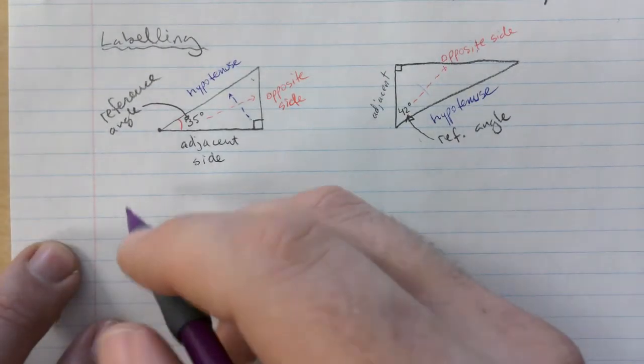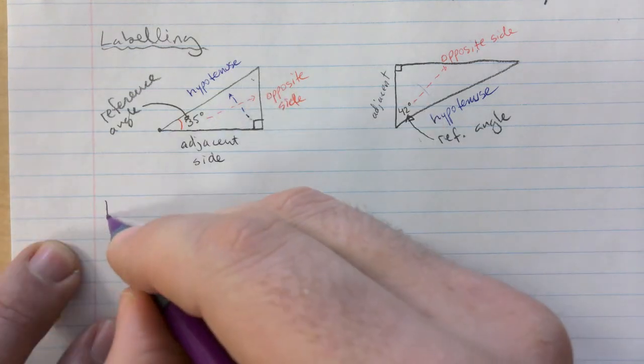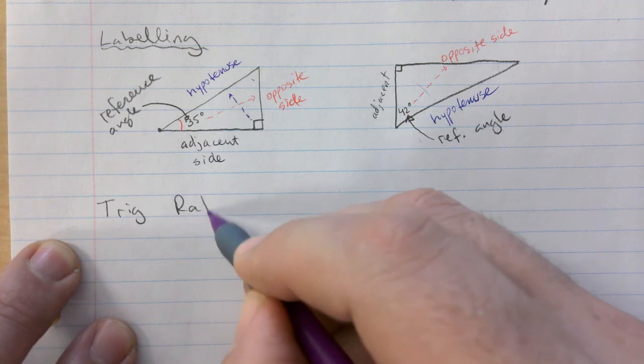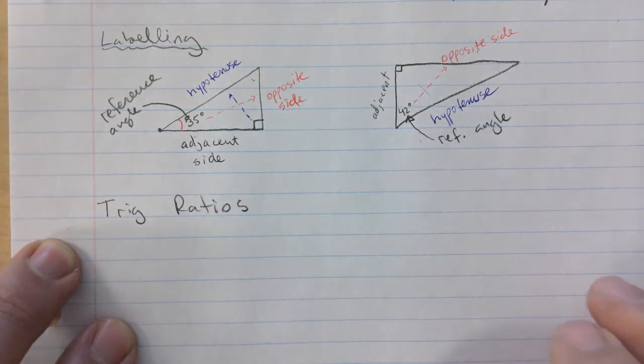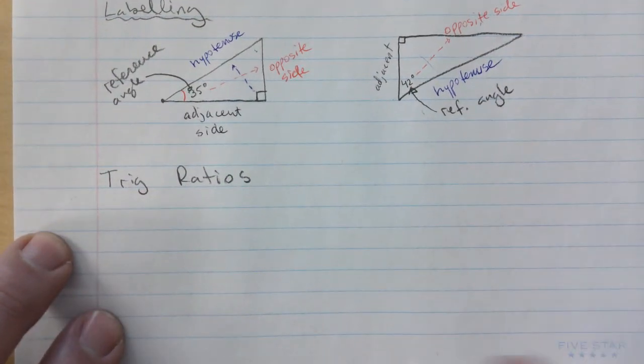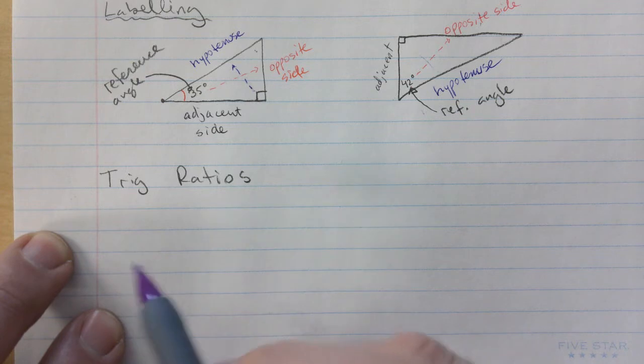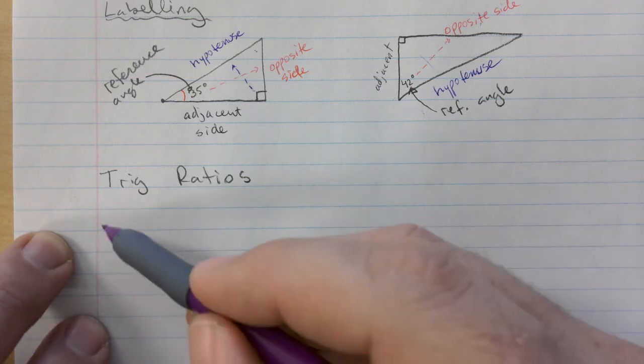Okay, so now I'm going to give you the trig ratios. What we know is that if we were to take, I will give you a triangle here first.